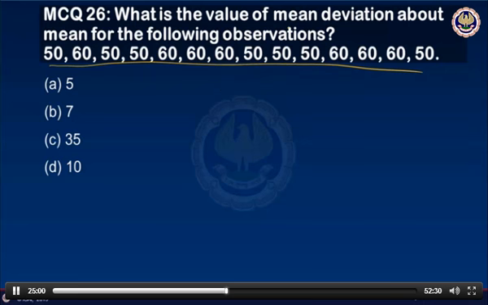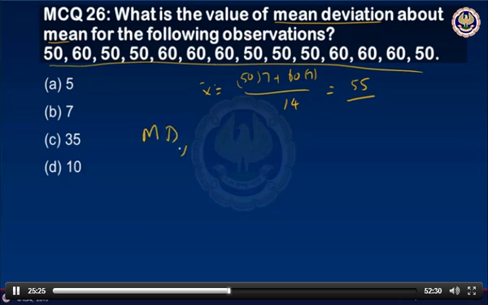First, for computing the mean deviation, we have to compute the mean. X bar equals sum of the observations. So this is 50 repeated 7 times plus 60 repeated 7 times, total 14 observations. The average of these observations is 55. Now we have to compute the mean deviation from mean.